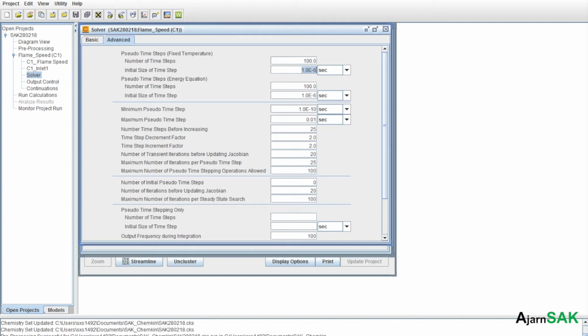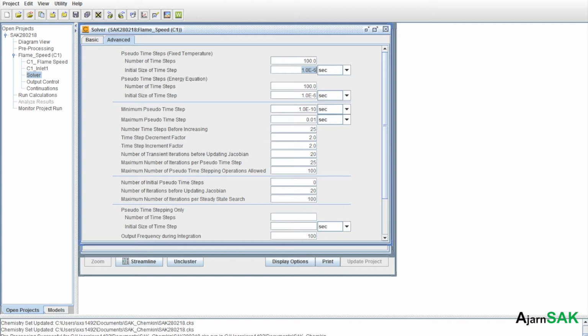How can you tell whether it's diverged or not? If it can't solve, it's diverged. If it's solved, it means it's converged. So Chemkin is a very stiff solver in the sense that if it is solved, it's converged, you know that.